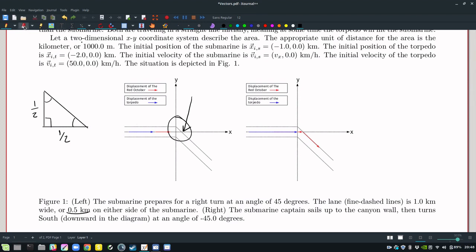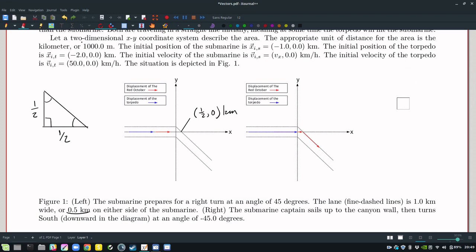So the location of the canyon wall to the right of the origin, this point, is (1/2, 0) kilometers. So those are the coordinate pair, or you could say, the position of the wall, for example, would be 1/2 i plus 0 j in kilometers. So that'd be another way of writing it.